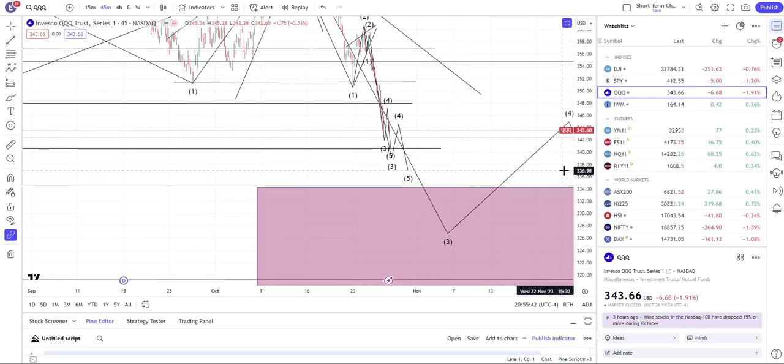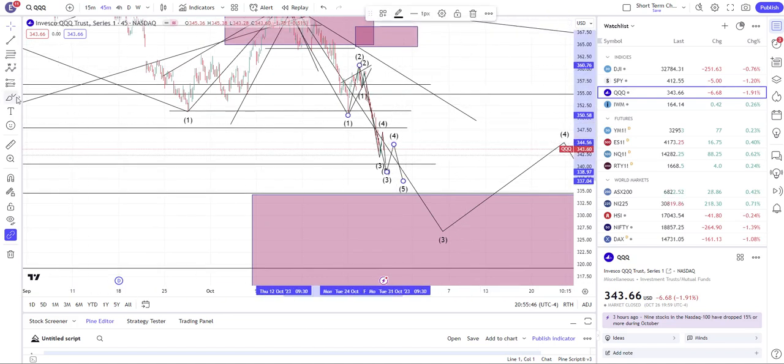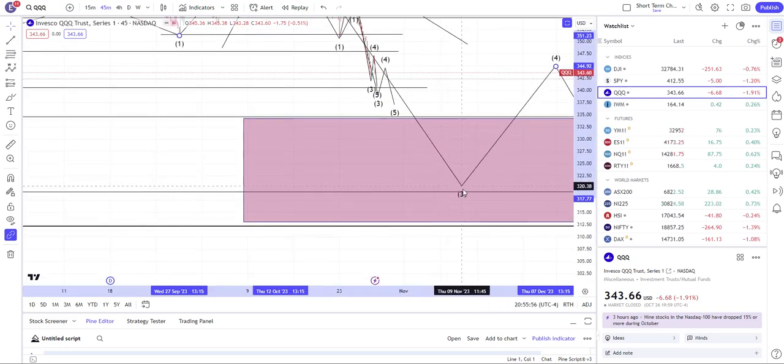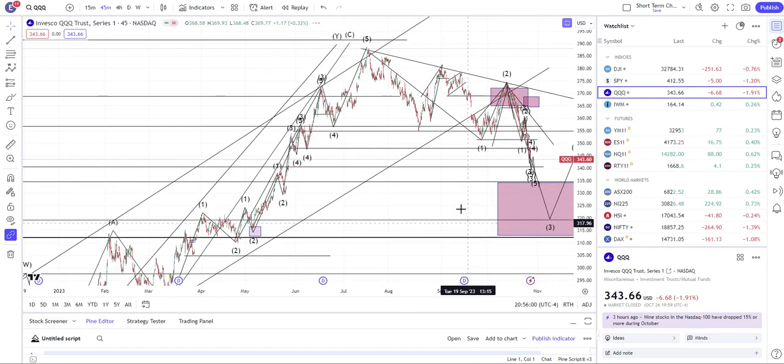Right, so keep that in mind, that we may get something like this, and then it retraces up, and then you get a real wave 3 with some capitulation to get us down into this target area that I have highlighted here. And again, a lot of combinations.